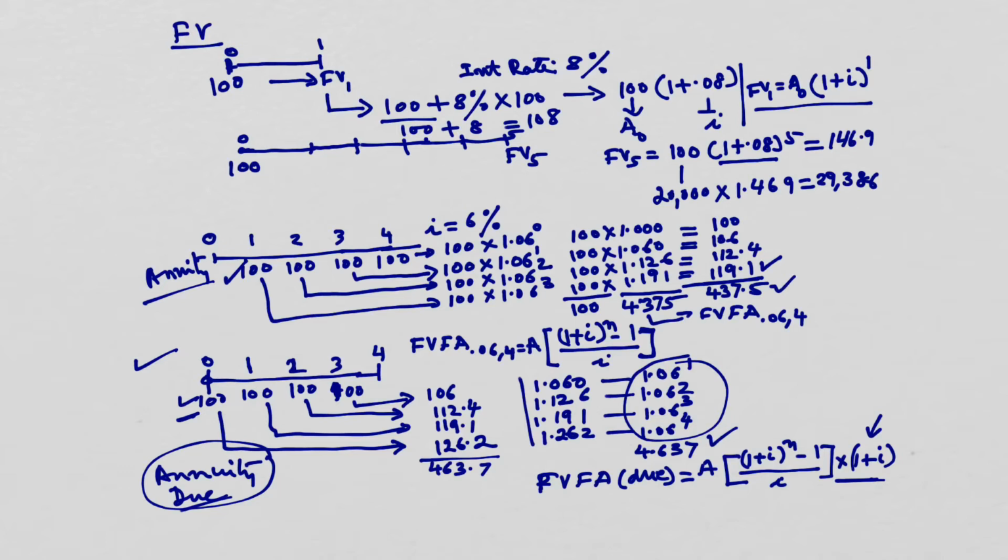Notice that in these two examples, we have assumed the amount to be the same. And in the first case, we said that this is annuity, and in the second case, we called it annuity due. The difference is that in case of annuity, the amount starts after 1 year. In the case of annuity due, it starts from the very beginning.